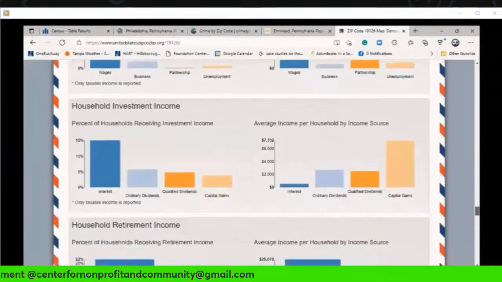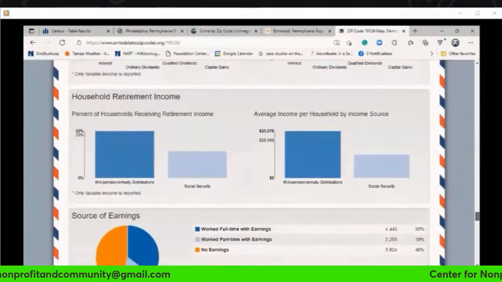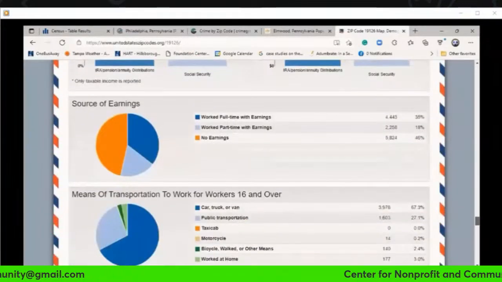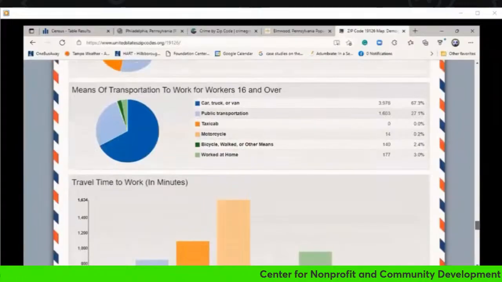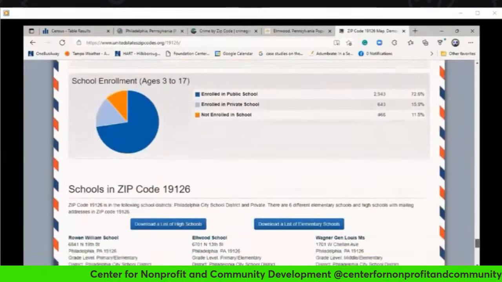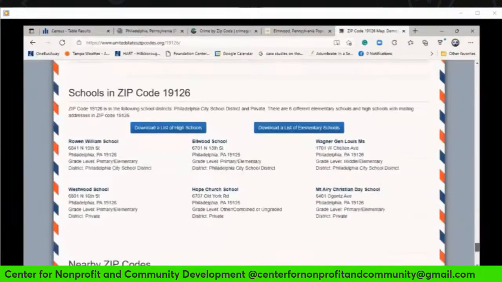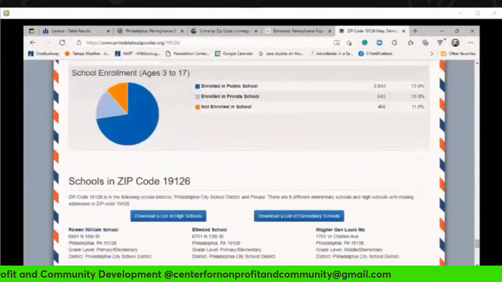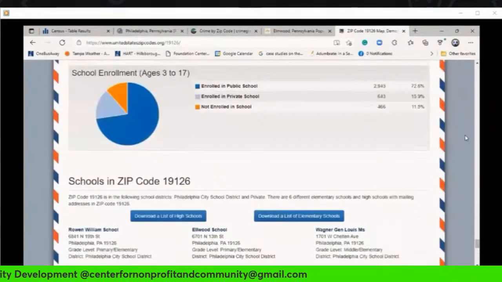Sources of income. So this goes on, retirement, sources of earning, transportation, school and education, and schools. Okay, hold on, let's go to the next.